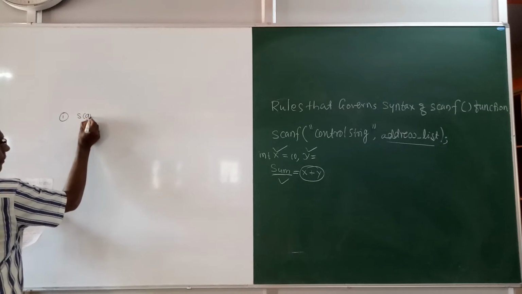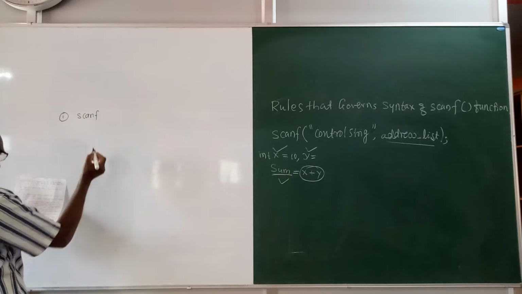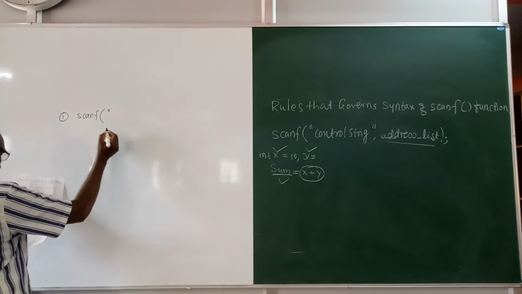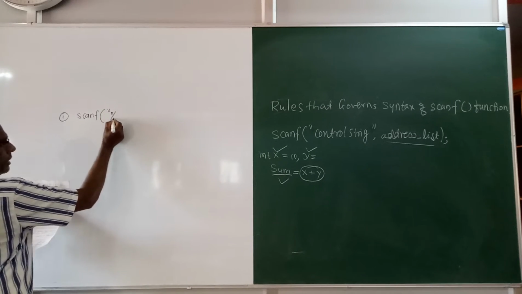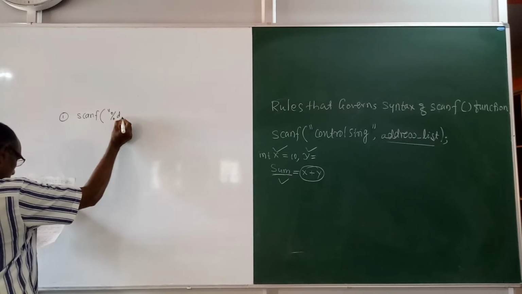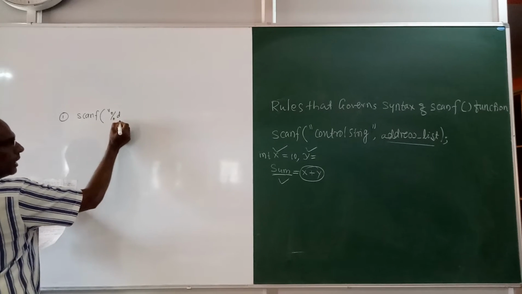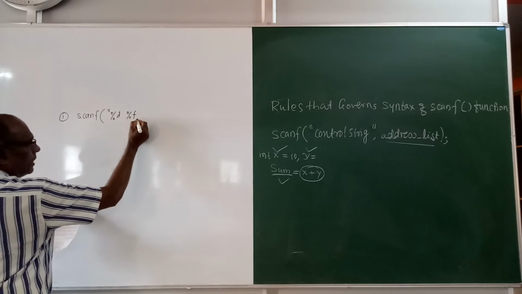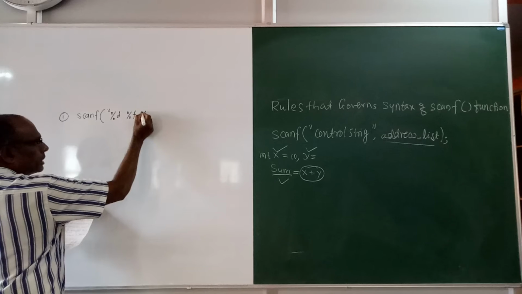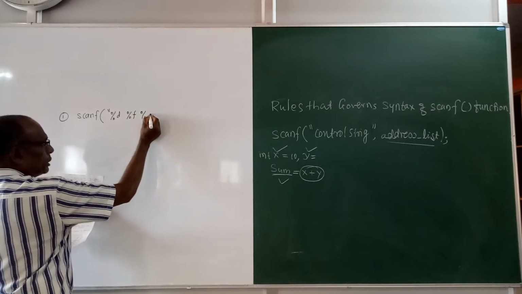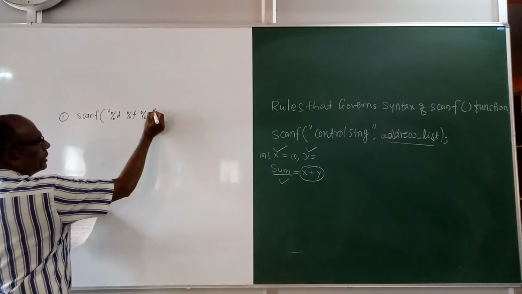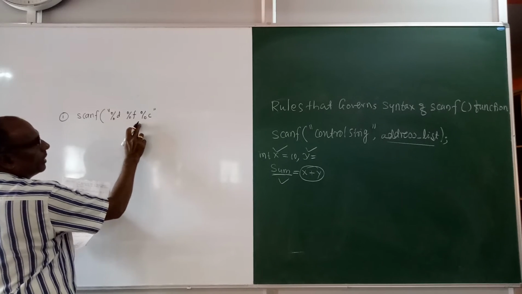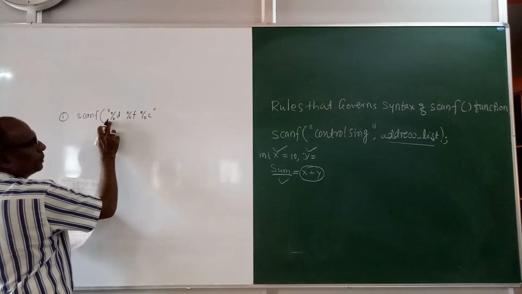Scanf, left parenthesis, double quote, %d, %f, %c. Complete this double quote. This is the control string for a combination of groups.